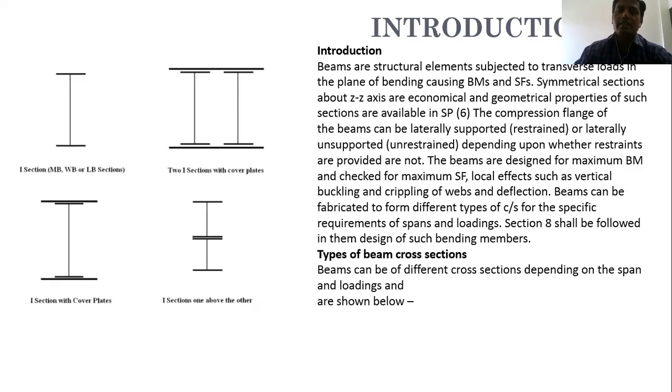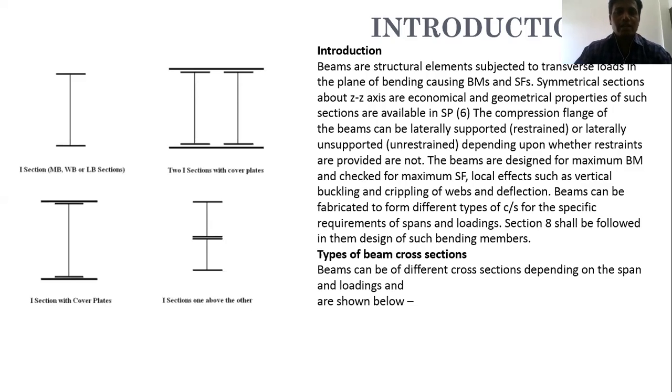The second type of beam is that if the largest beam available in the steel table, that is ISMB 600, is not sufficient for the design purpose, in that case we'll switch over to the built-up beams, in which I can make a combination of more than two beams.